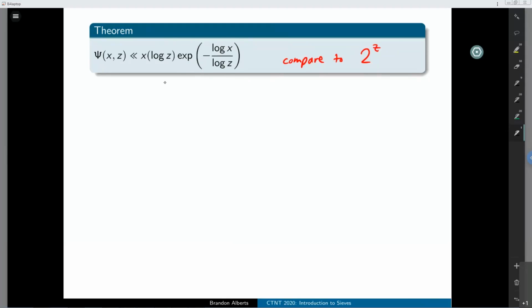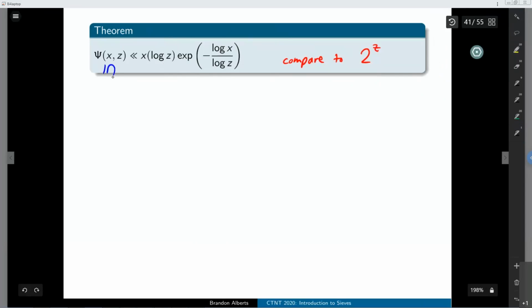A possible confounding factor, though, is that this new bound involves x's in it. So we actually have to be a little bit careful. The parts with z grow much, much slower now, if they grow at all. But because there's this x out front, this error term is really only significant if this whole thing grows slower than x. Because remember, we're counting this, I'll write this in blue.